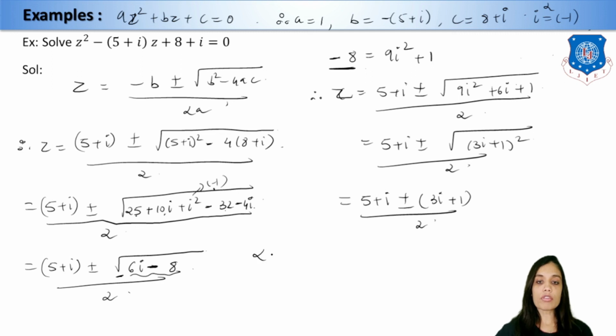So now first root will be 5 plus I plus 3I plus 1 upon 2. So alpha will be equals to what? 4I plus 6 upon 2. So answer will be 2I plus 3. Now for beta, let us subtract.